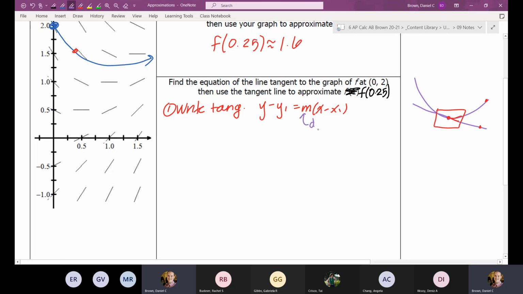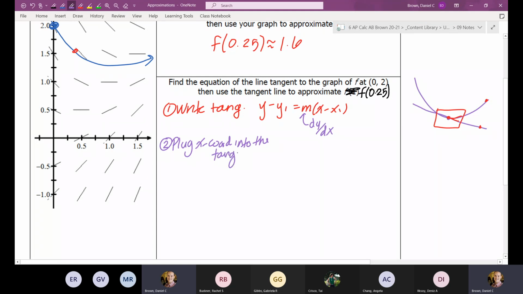M we know is going to come from the derivative, and for most of these problems we will know what the derivative is because it is just going to be dy dx. And then once you write that tangent line, you're going to plug the x coordinate into the tangent.